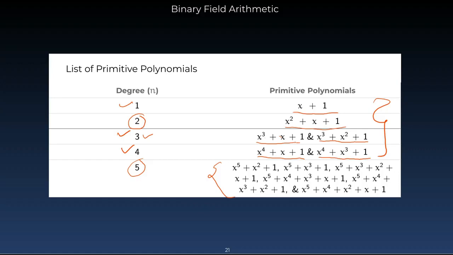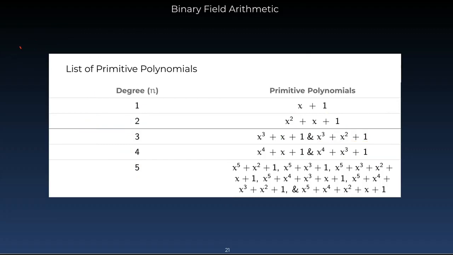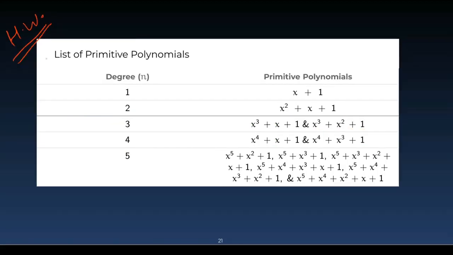For this reason it is very important. So this is going to be homework: prove that all these polynomials from degree 1 to 4, I'm not going to give you degree 5, are indeed primitive polynomials. Thank you. I will see you in the next lecture.